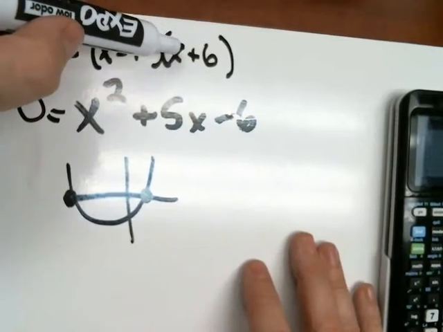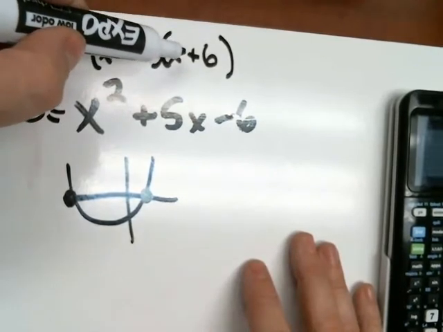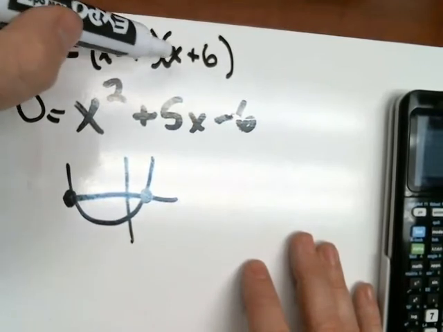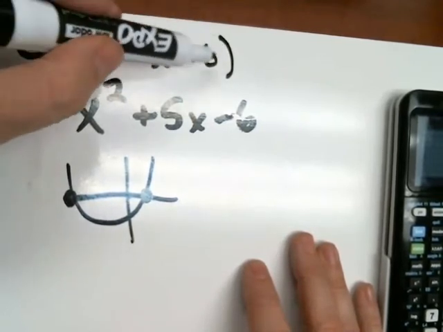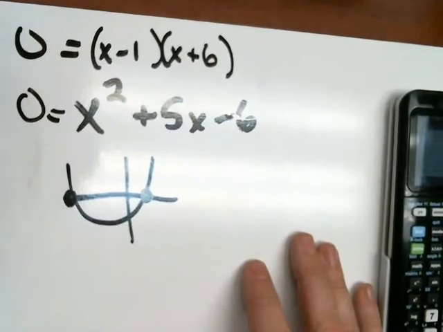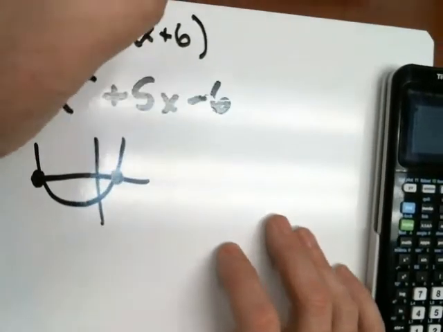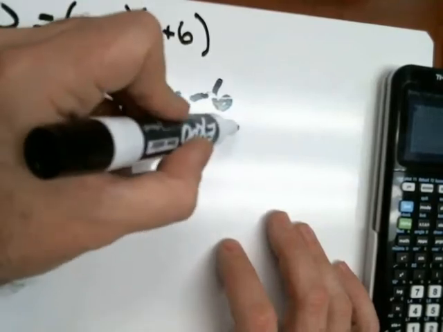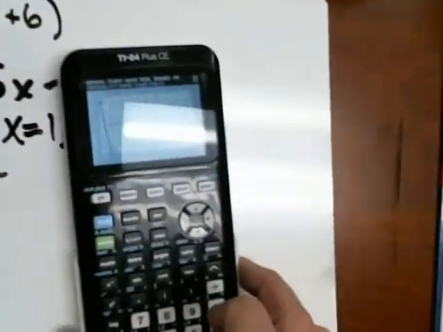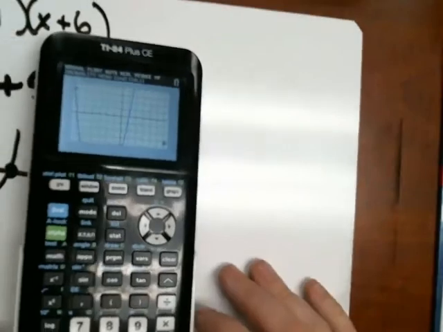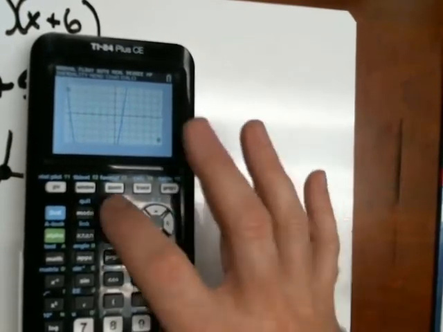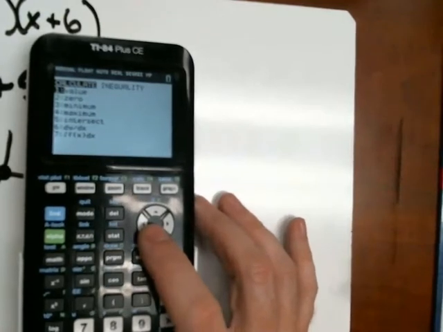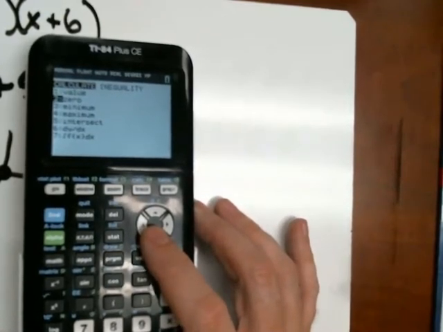And the other number that would work is if I plugged in -6 into both of these. -6 minus 1 is -7, but -6 plus 6 is 0. 0 times that equals 0. There would be my 2 solutions. x is 1 or x is -6. You can see that here on the graph, and if you want to just do it with the calculator, you go second, calculate, and we find that number 2 is asking for a zero.